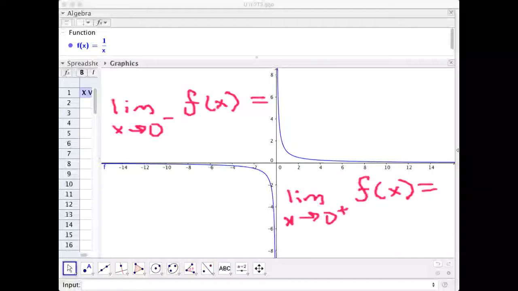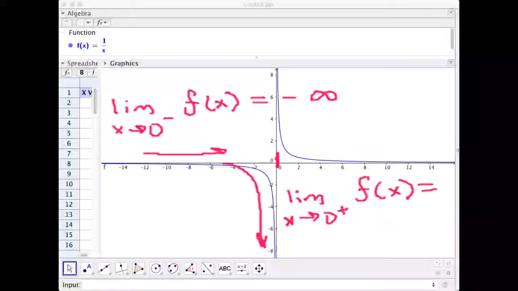What is the answer? Okay, so here's the function. Approaching 0, here's 0. As we move towards it from the left side, this whole graph is headed down to negative infinity. So as it approaches from the left side, the limit is negative infinity.